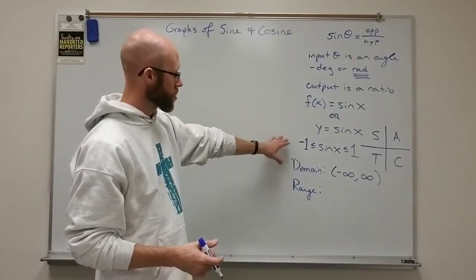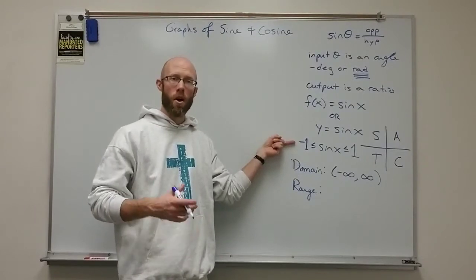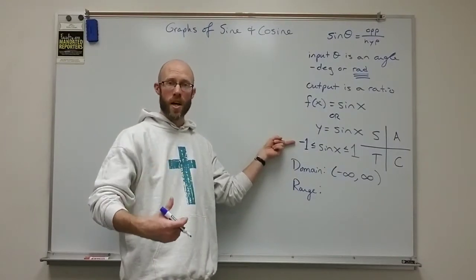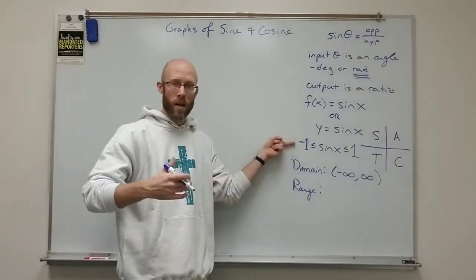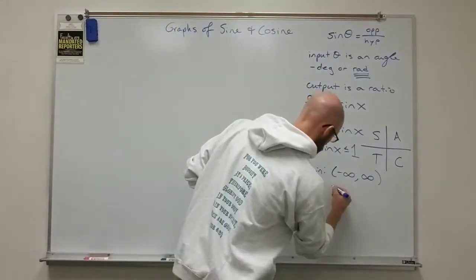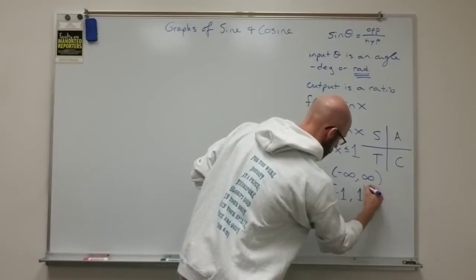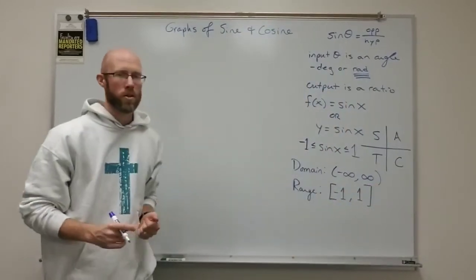The range for the sine function is going to be this restriction right here. It's all the possible outputs. Well, we said the sine can never be greater than 1. It can never be less than -1. It's always got to be between those two. So the range is from -1 to 1.